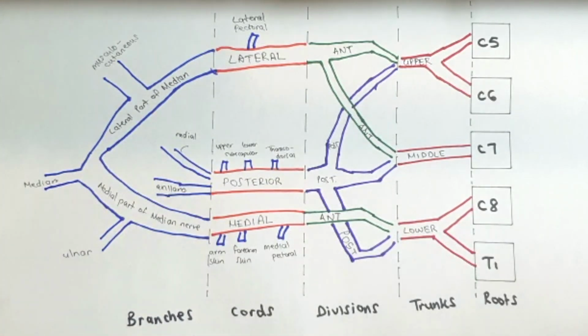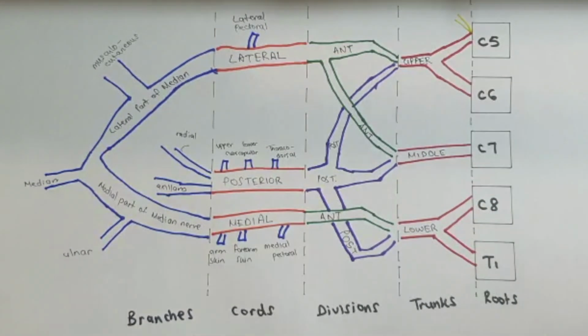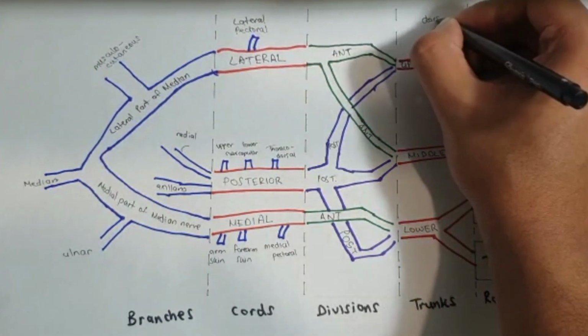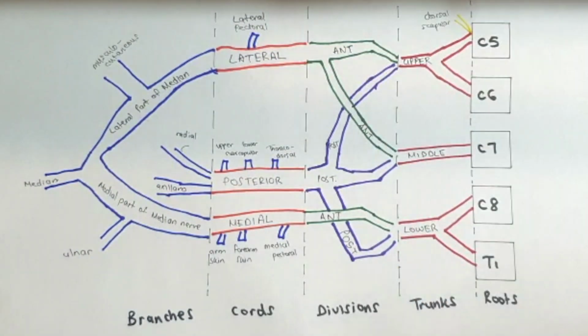So you have the dorsal scapular nerve, which arises from the C5 root. Another branch that arises from the root is the long thoracic nerve, which stems from C5, C6, and C7.